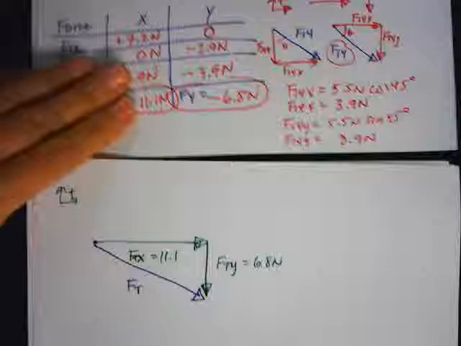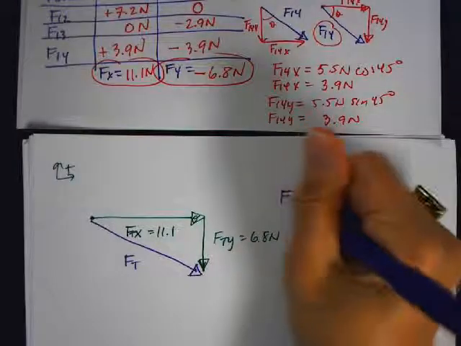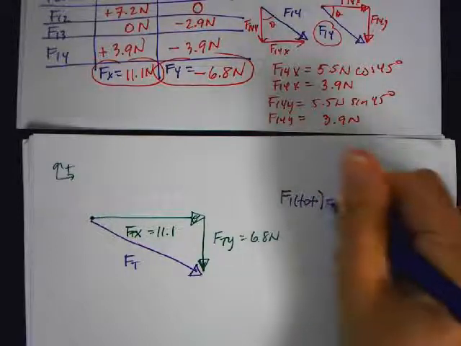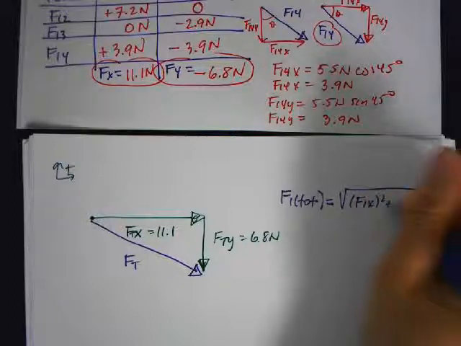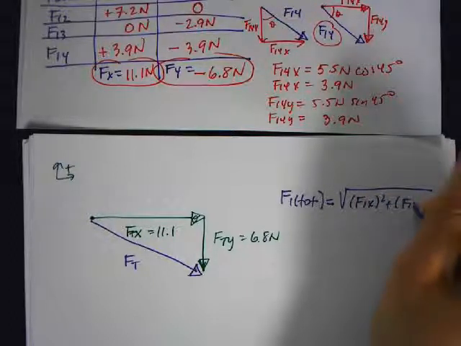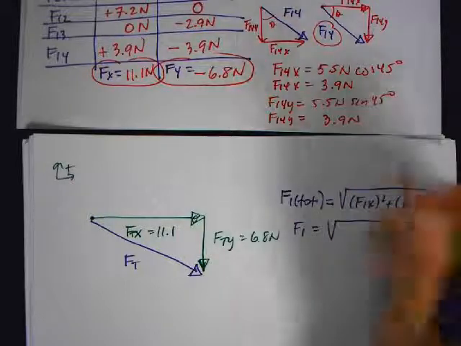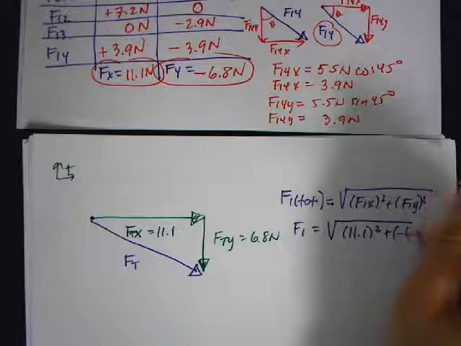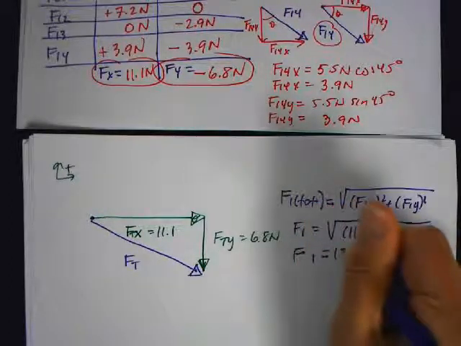So to find my total now, and remember this is just F1 total, which we are finding. This is just part A. We're going to now take the square root of F1x squared plus F1y squared. So that's going to be equal to the square root of 11.1 squared plus negative 6.8 squared. So when I do that, F1 comes out to be 13 newtons.